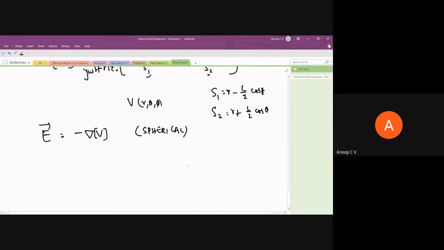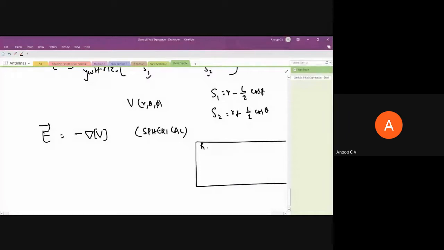For any generalized curvilinear coordinate system, if you want to remember the expressions for curl, gradient and so on, if you remember this table, it would be easy.